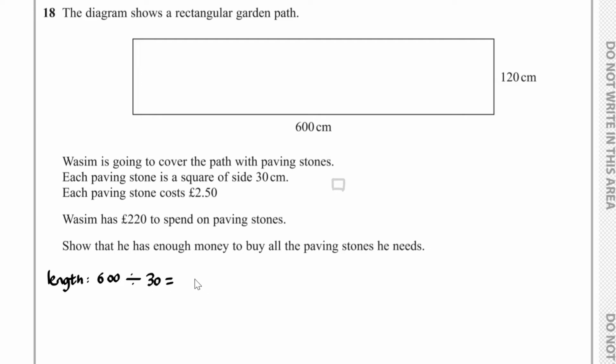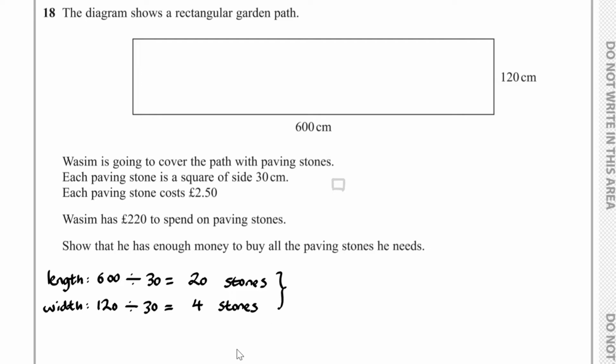That tells us we need 20 stones going across. And in terms of the width, 120 divided by 30, this turns out to be 4. So we have 4 stones along the width.